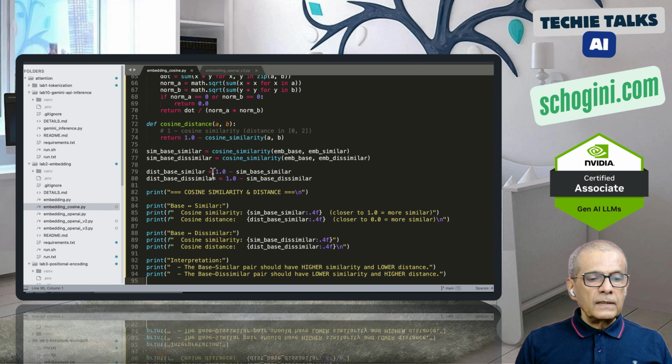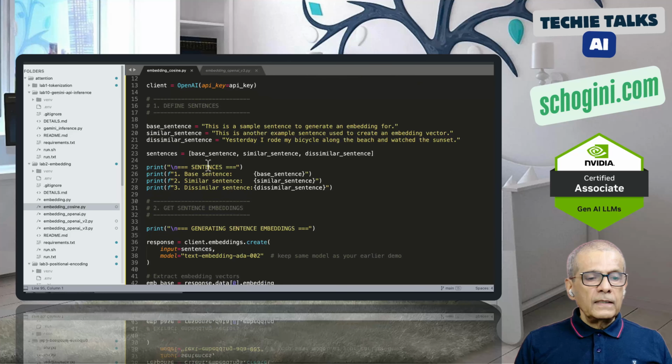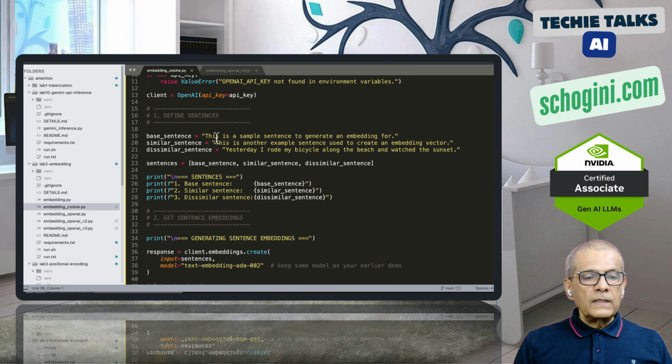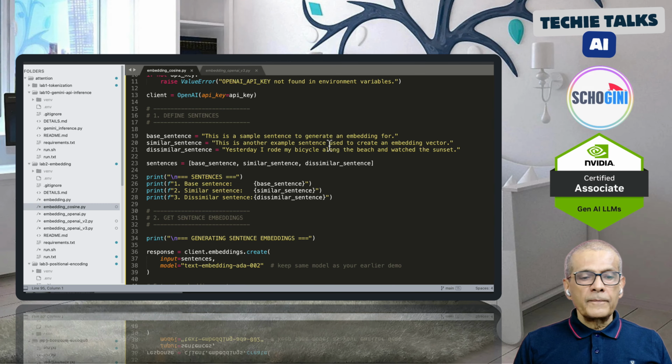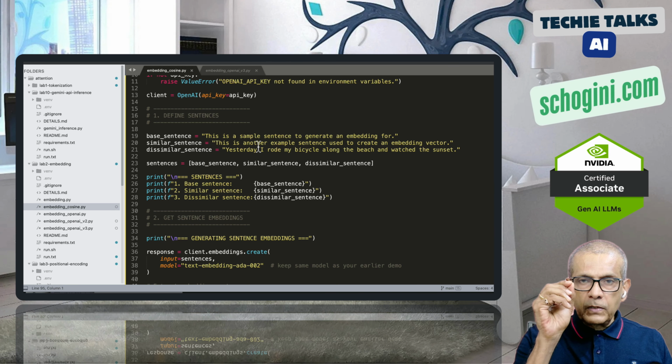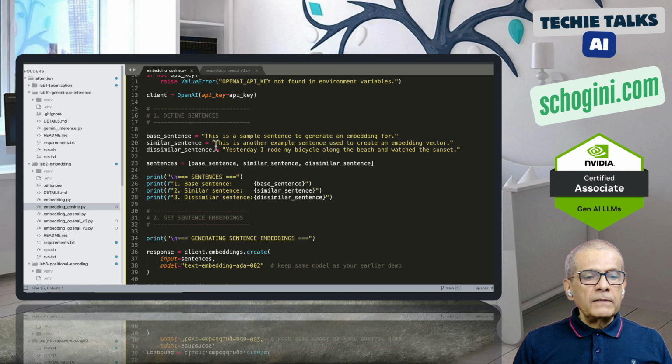So in this demo, what we will do is we will take 3 sentences. One base sentence. That sentence is, this is a sample sentence to generate an embedding for. And we will create an embedding. When you create an embedding, we create a dot in that hyperspace. Then we have another similar sentence: this is another example sentence used to create embedding vector.